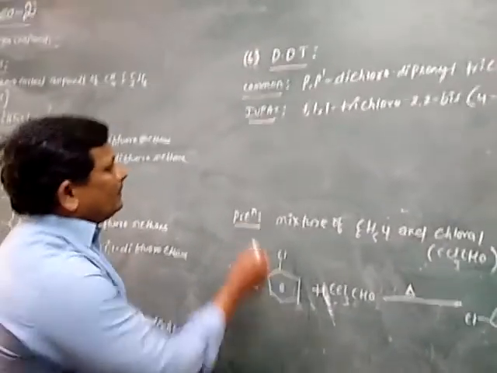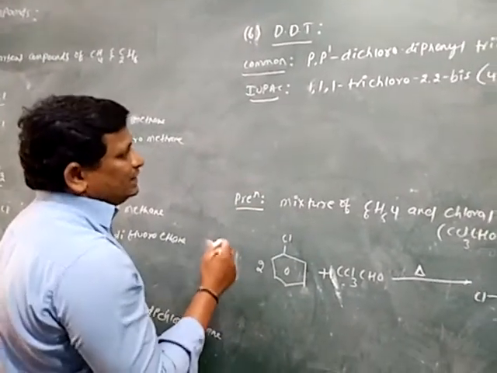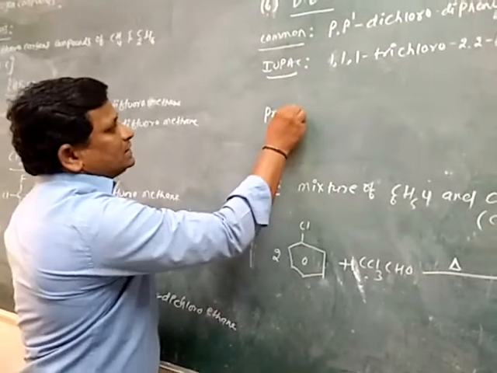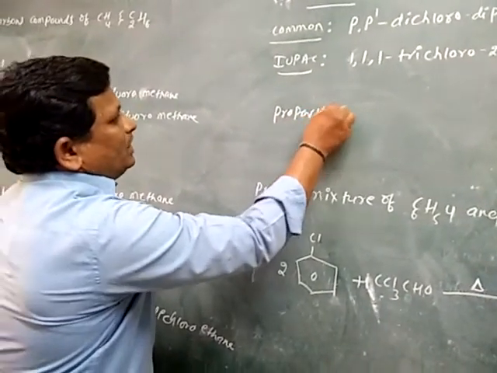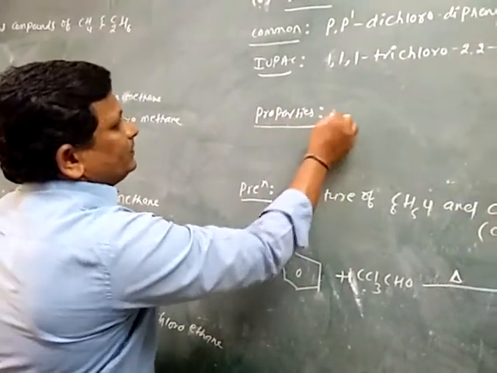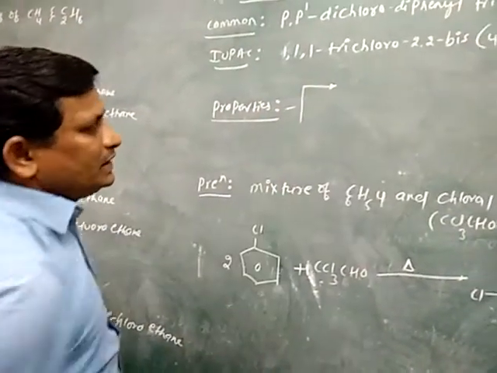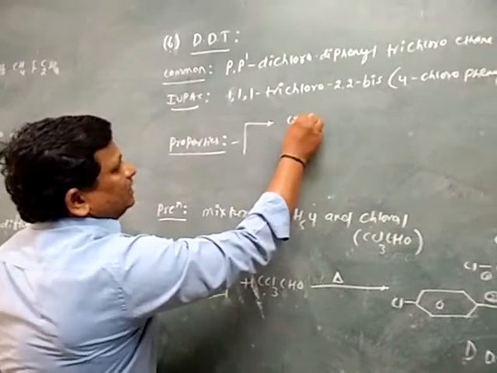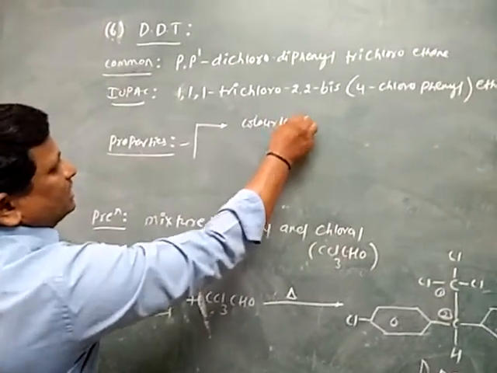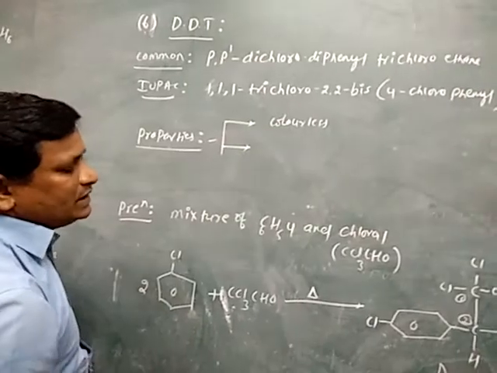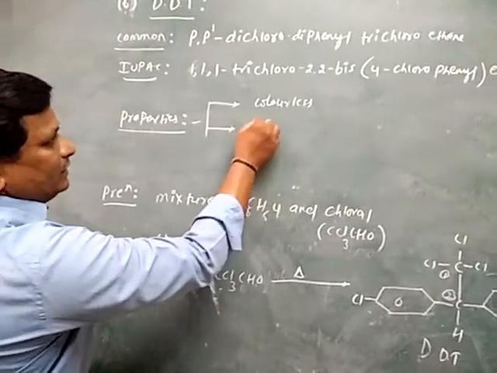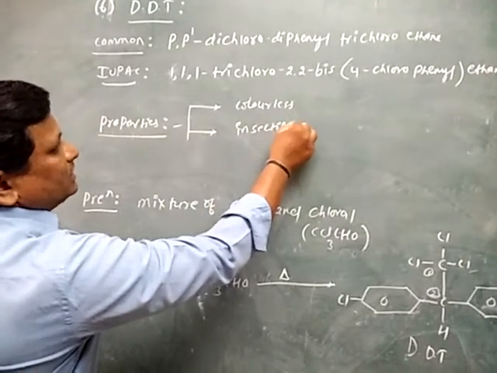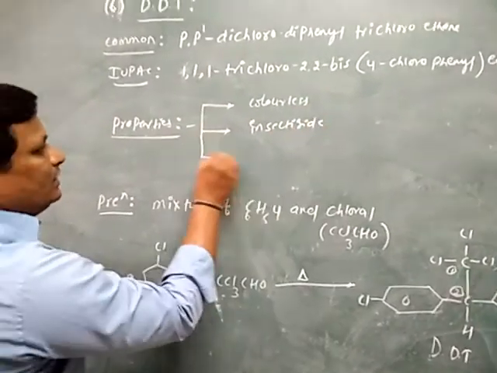Now the properties of DDT. Generally it is a colorless substance. It is used as an insecticide.